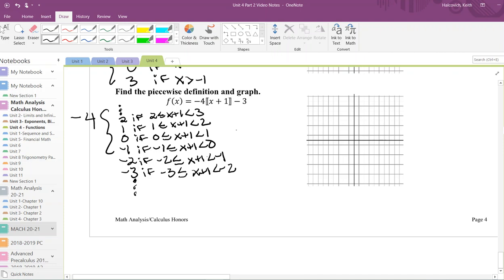Dots. -3. So now we can simplify by multiplying by -4. So we get 3 dots here. And then we get -8.